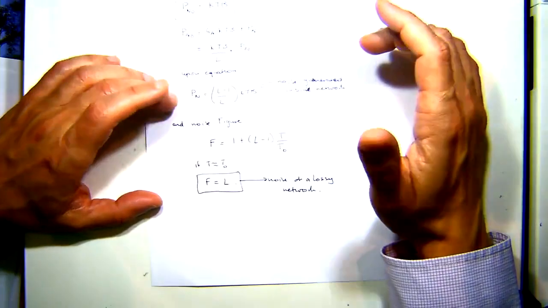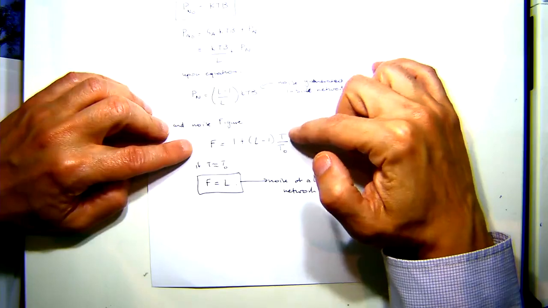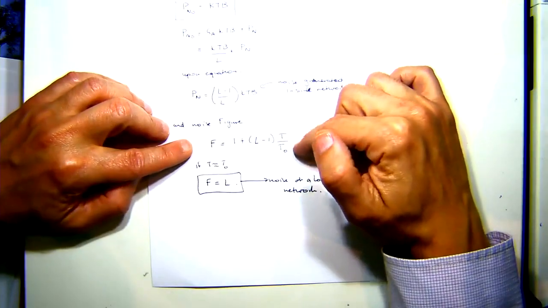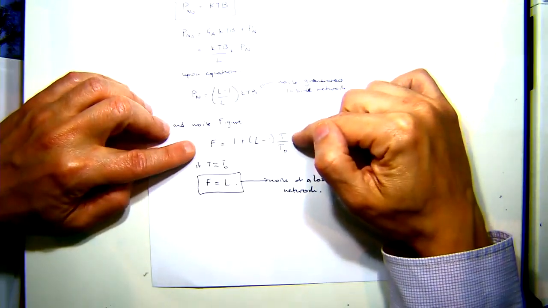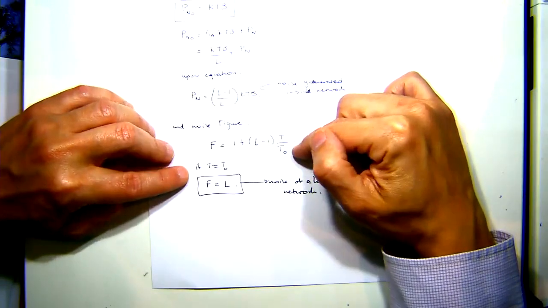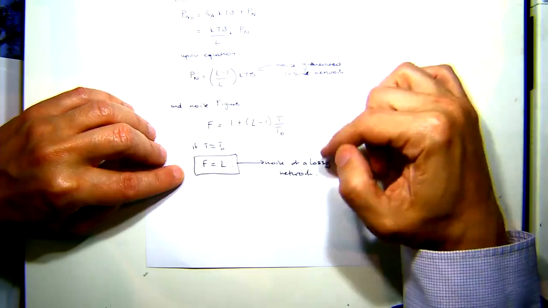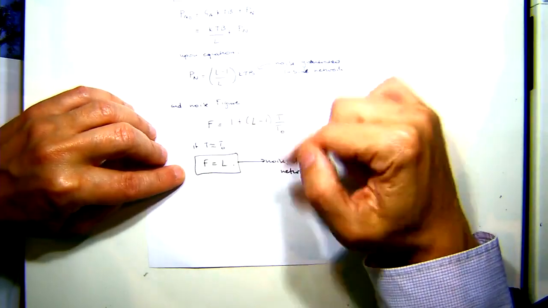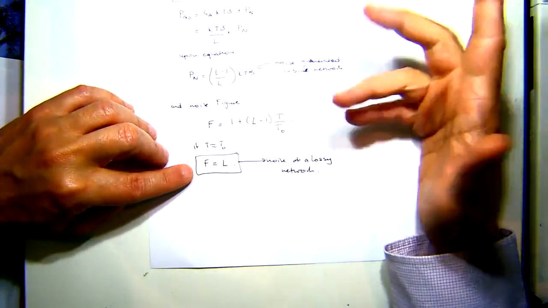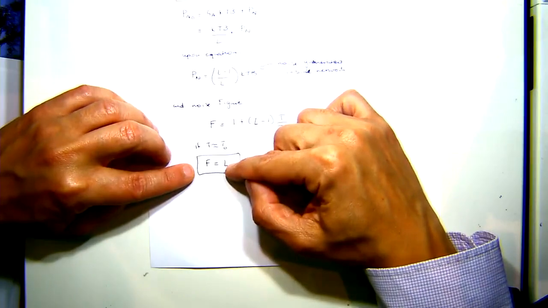Usually the temperature and the reference temperature are approximately the same, especially at room temperature. So for a lossy network, the noise figure of this lossy part is equal to L. That's the noise figure of that particular component.